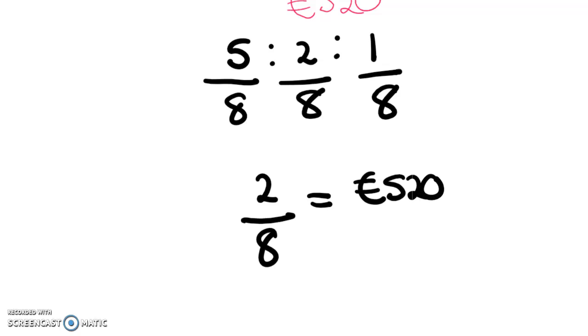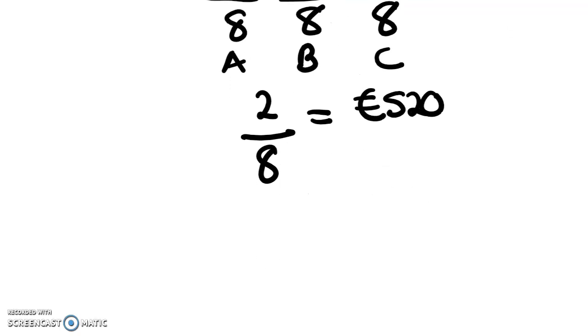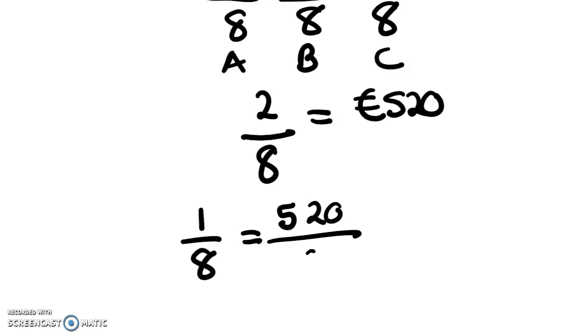What I would do always, lads, is bring it down to 1/8. Always bring it down to 1/8, because once you have it down to 1/8, you can always multiply by whatever number after that. So 2 times 1/8 is 520, so 1/8 is that divided by 2, and you get 260.